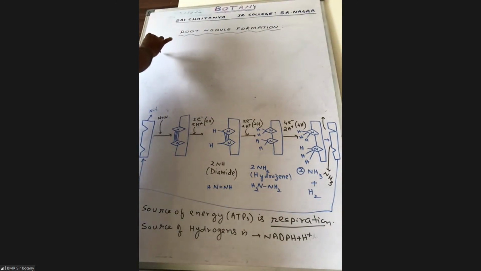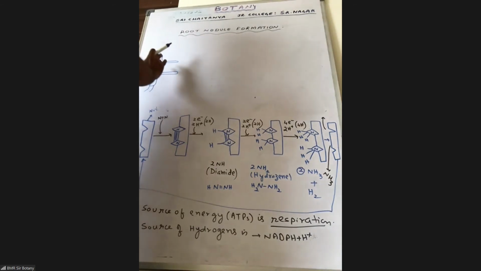So the root of a leguminous plant as seen in cross section, if you see. I'll show only one root here.